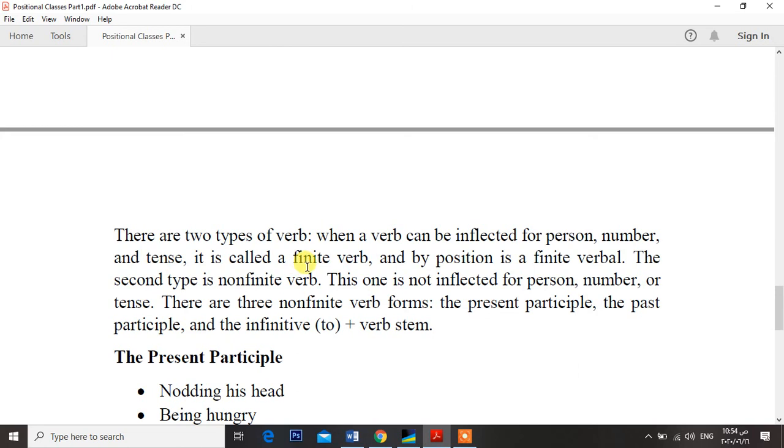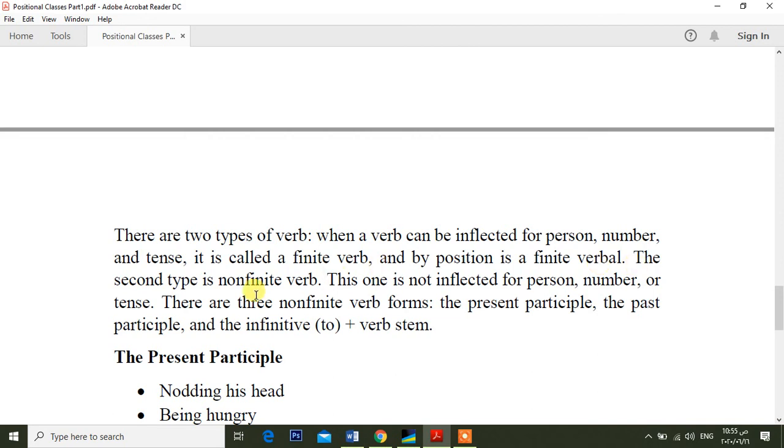It's called a finite verb, and by position it is a finite verbal. So here we also have two cases: by form it is a finite verb, and by position it is a finite verbal.